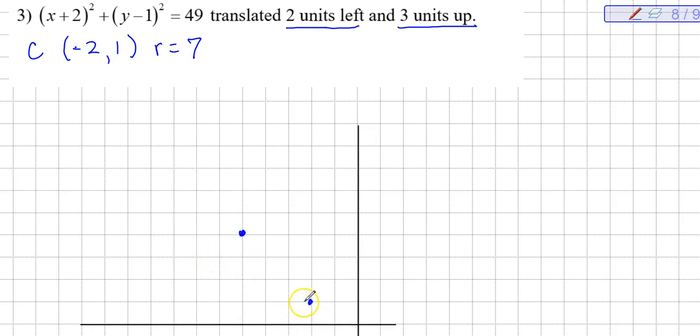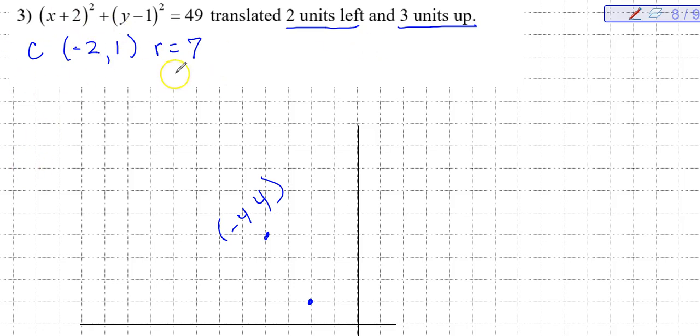That's not 2 left, that's 3 left. 2 left and 3 up. Did I do better that time? Okay, where's my new center? -4, 4. So that's one way you could do it. You could actually just plot the original center and then translate it and get your new center from the picture. I don't have a problem with you doing that at all.